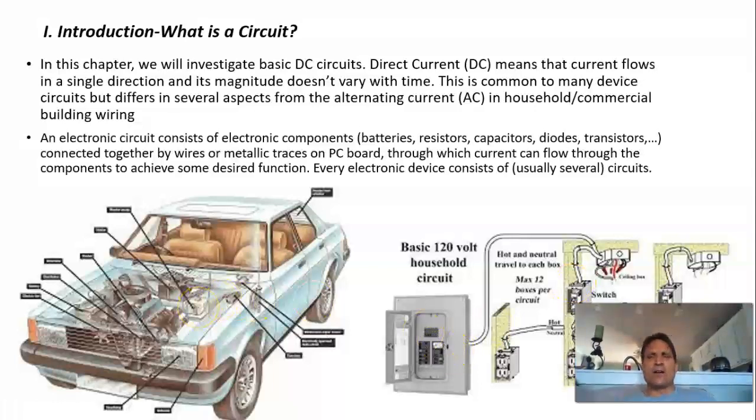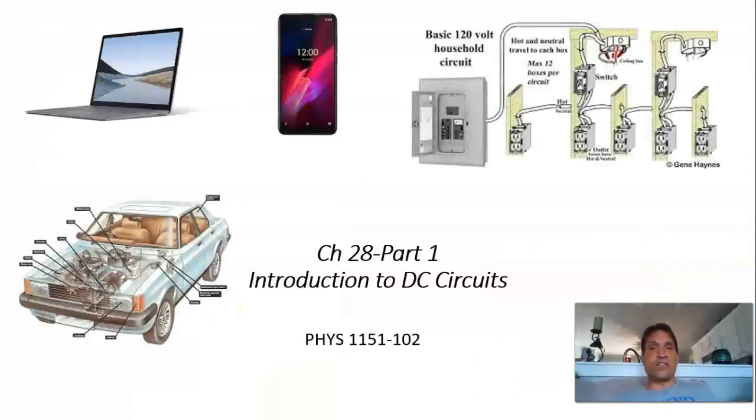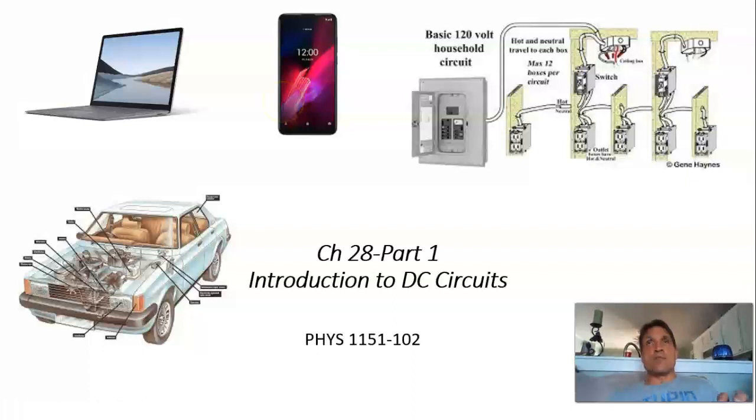AC is slightly more complicated, so we're going to defer it for a couple chapters, and we're just going to start with DC. DC also works your cell phone, your laptop. You plug the laptop into the wall or you charge your cell phone, and you notice it has that adapter, that power supply that you plug into the wall.